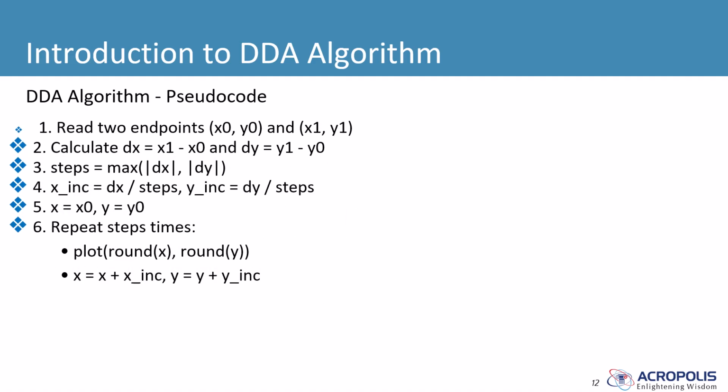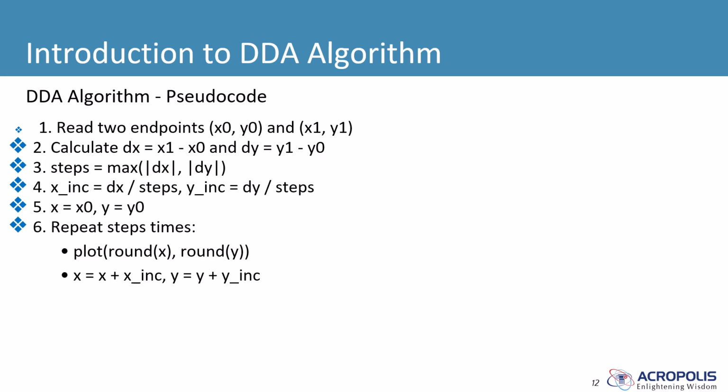The DDA algorithm pseudocode is written here on the screen. The first step includes the two endpoints, which will be given in the question: x0, y0 and x1, y1. In step 2, we calculate the differences dx and dy. In the third step, we identify the maximum value between dx and dy.